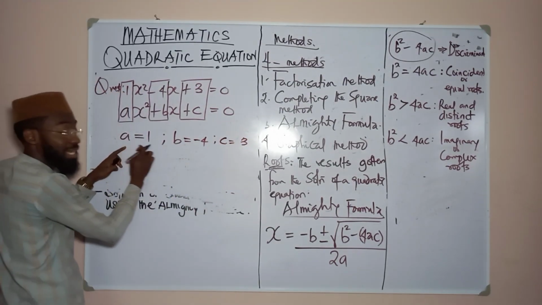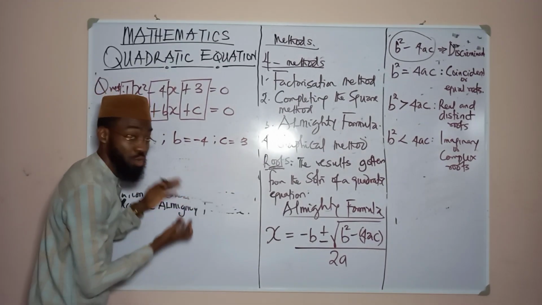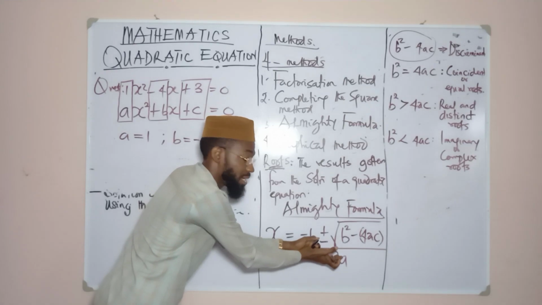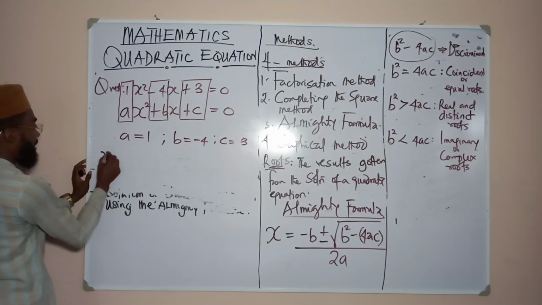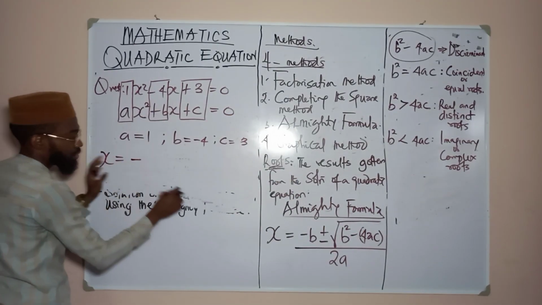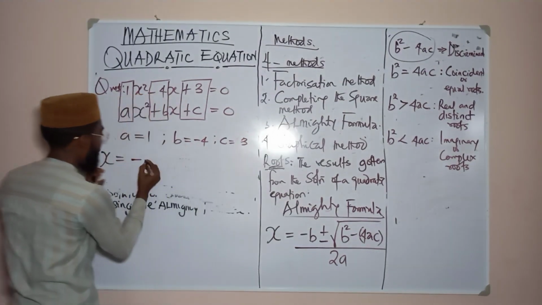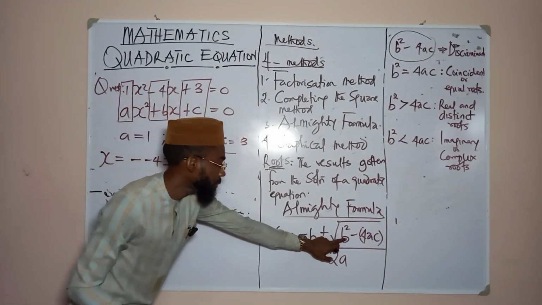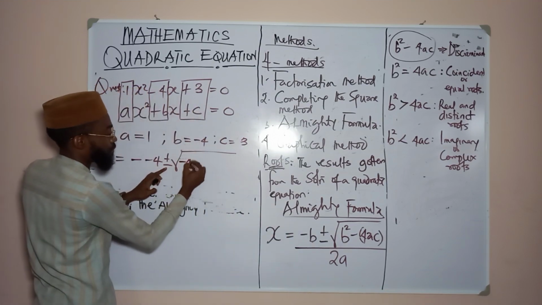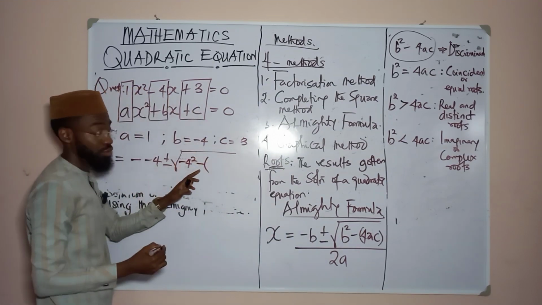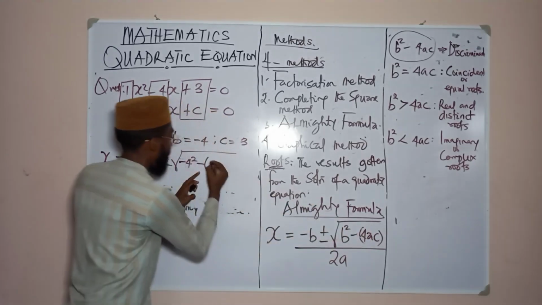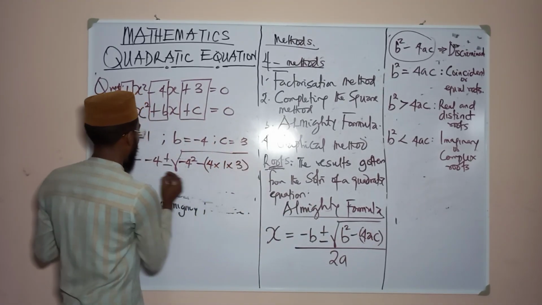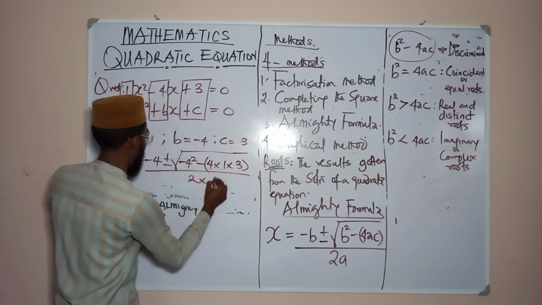Now that we have the values of a, b, and c known, we can put them into this equation and solve. So x is going to be minus, what is our b? Minus minus 4, plus or minus square root of, our b is also minus 4 squared minus, remember to introduce your brackets, 4 times a is 1 and c is 3, all over 2 times 1.